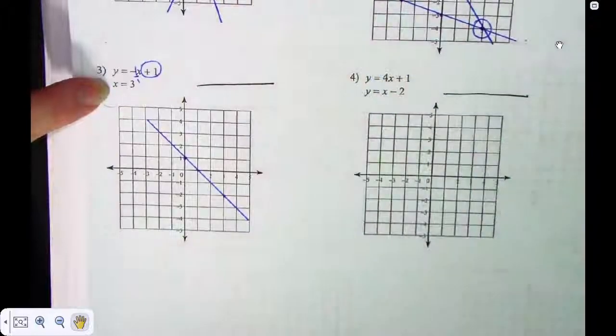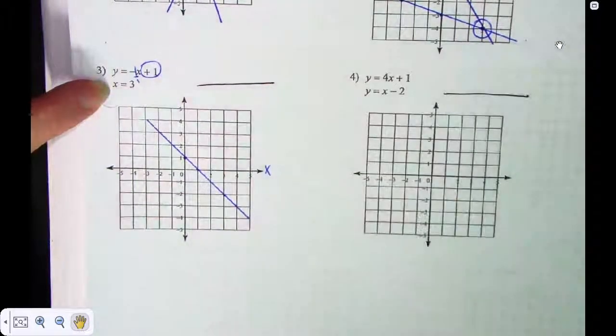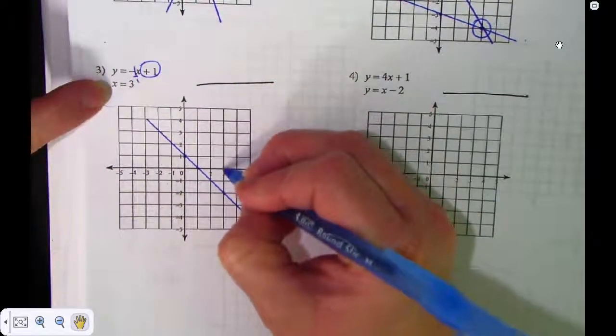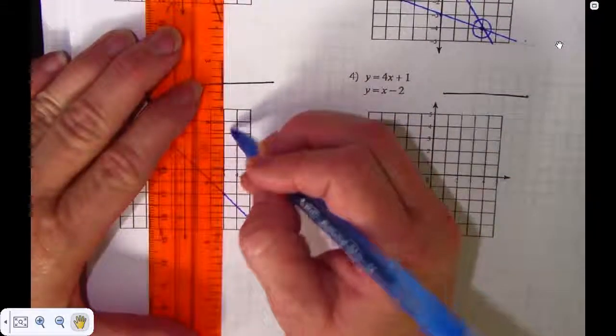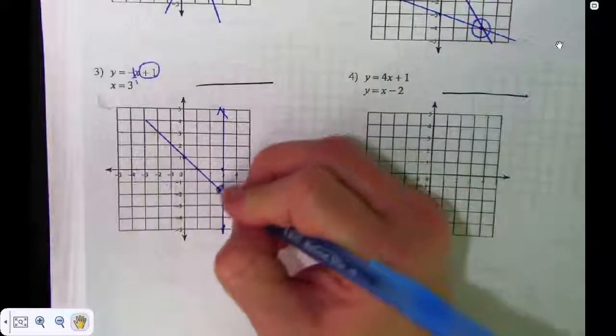Now, that looks weird. That doesn't say y equals. That says x equals. Here's my x-axis. So that means I've got to cross the x at 3. So it's going to be a vertical line. Now, when I first learned this, well, let's go do the solution.